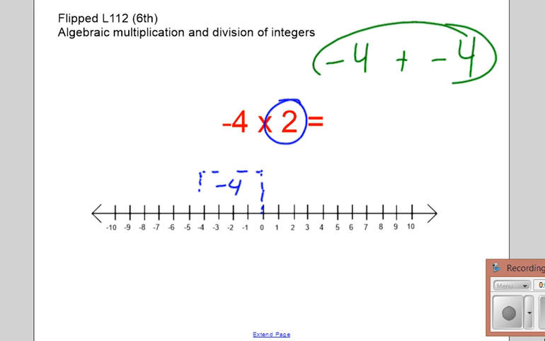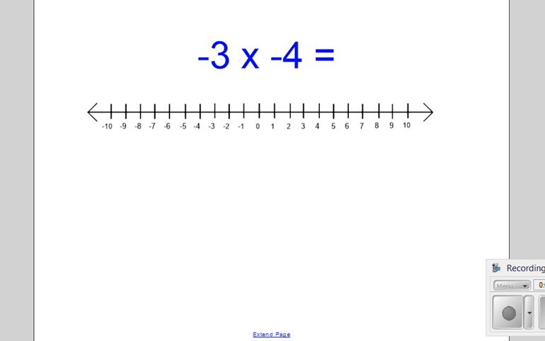So if I have a -4 group, and then I go back another -4, here my line ends at, oops, I'm off a little bit. And then I covered up the number. We get our -8 right here for our final answer. So that looks at the fundamental aspect of what is going on here.